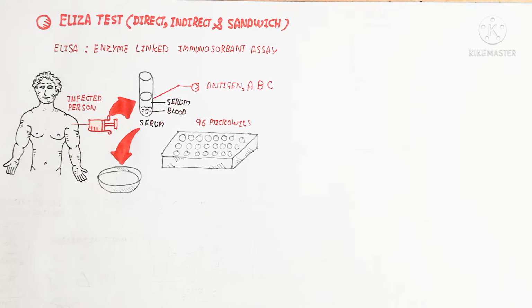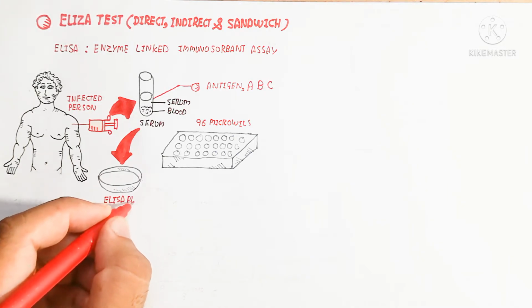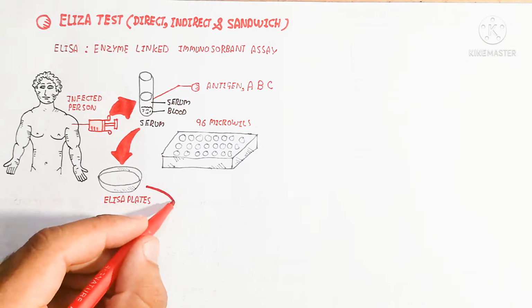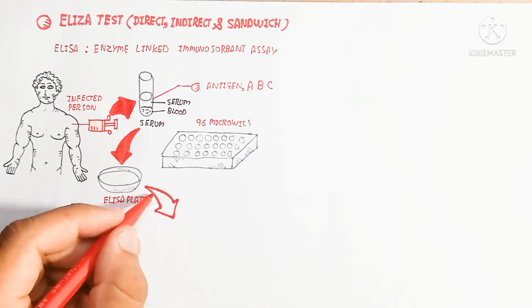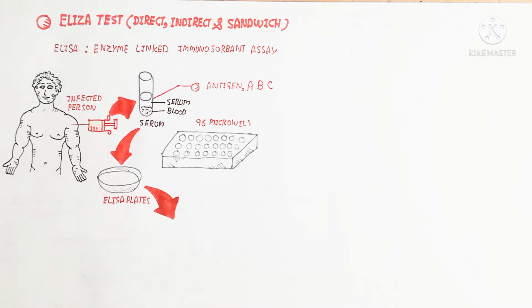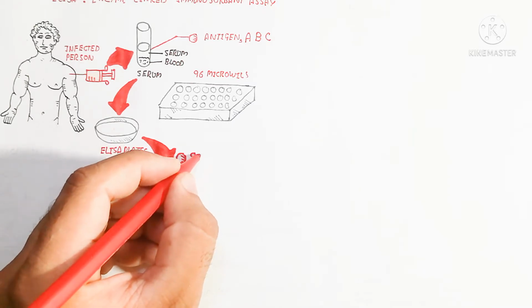So how to detect that antigen we will discuss in this method. Here we take serum and separate the antigen from our blood, during the infection and before the body produces immunoglobulin against the antigen. So the antigen will be separated.